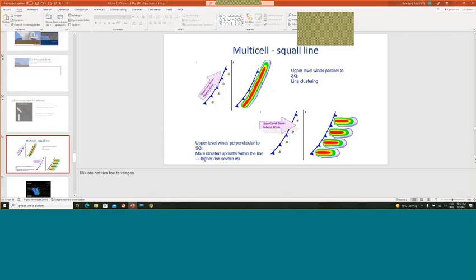So that means that you can start sometimes with just a multi-cell cluster, and you end up with a squall line. In the course of time, in the environment, you can see that the upper level winds, for instance, are varying a little bit, so that you end up with an ideal configuration that the squall line can develop. I hope that answers your question a little bit.